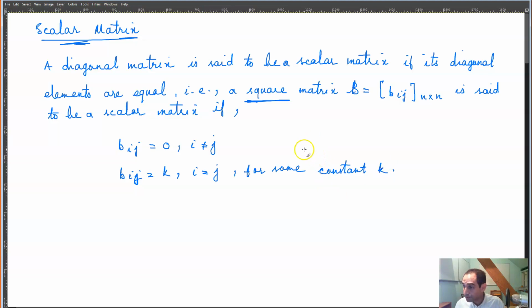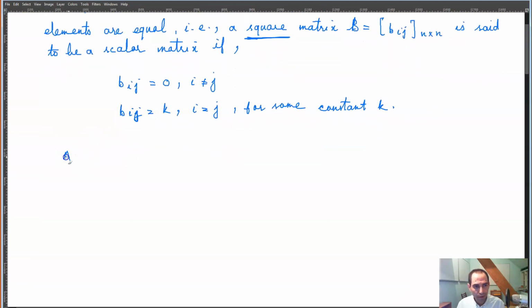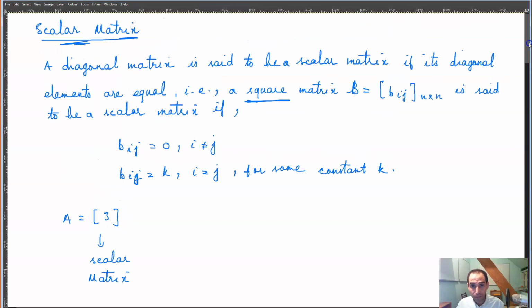As an example, you can say that A is equal to this matrix, which is a scalar matrix, because first of all it's a square matrix, and second of all it is a diagonal matrix.